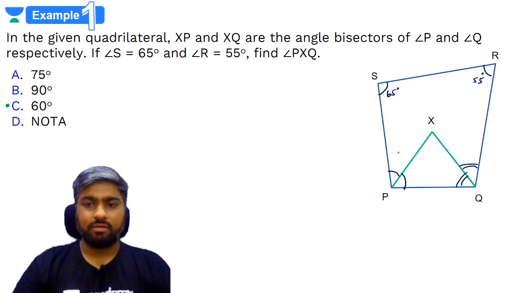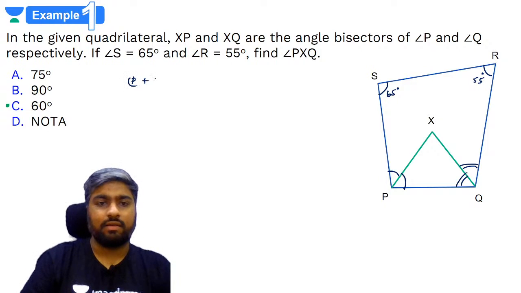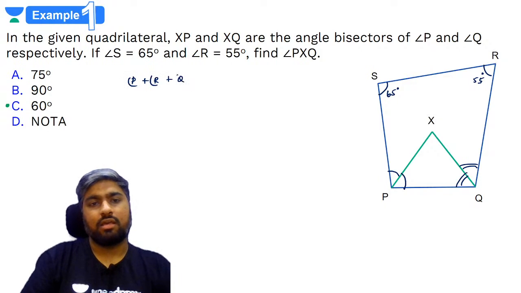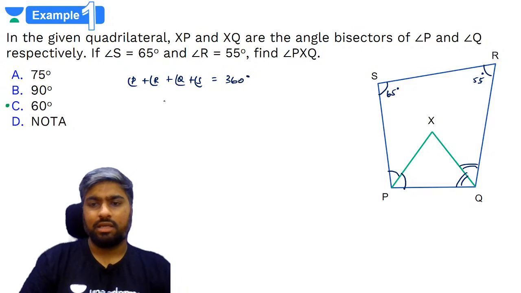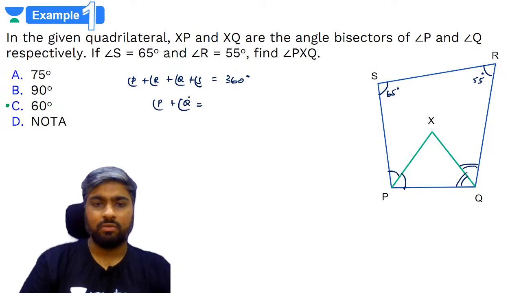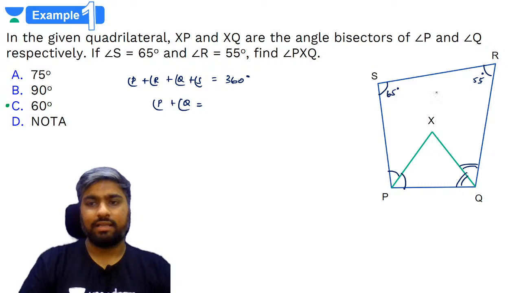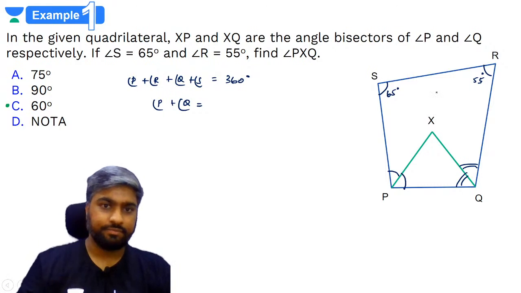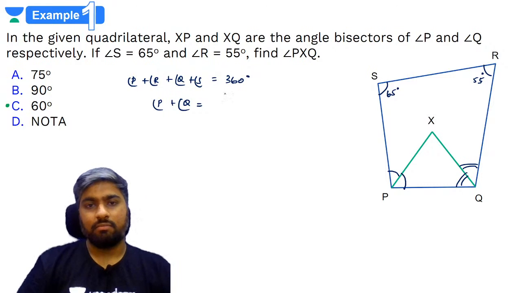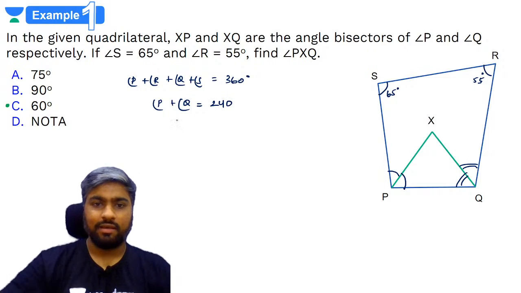What do we know for a fact? We know that the sum of all angles here, P plus Q plus R plus S, is 360. This way you can get P plus Q. What is P plus Q? That would be 360 minus 120, am I right? Which is 240. If this is 240, then what will be half of P plus Q?